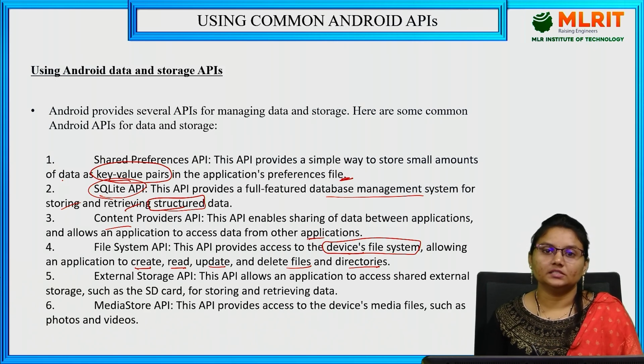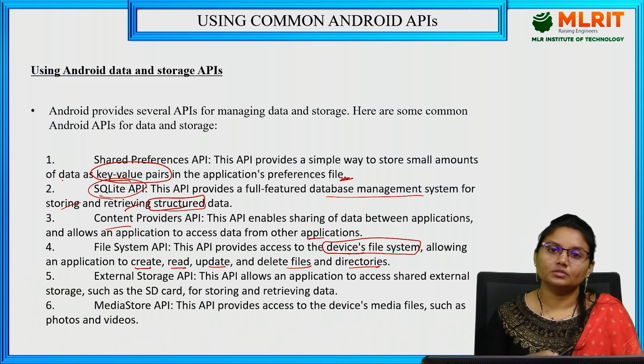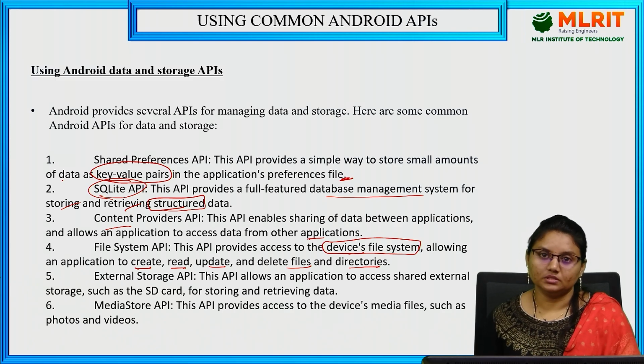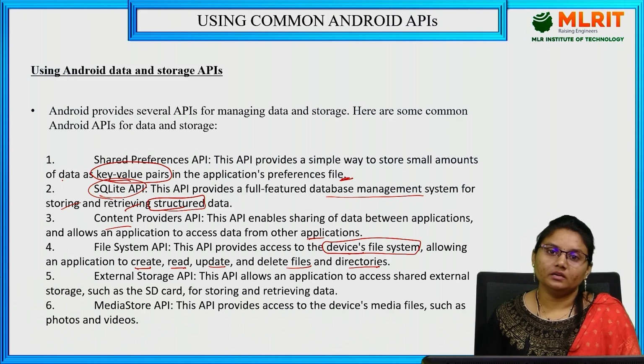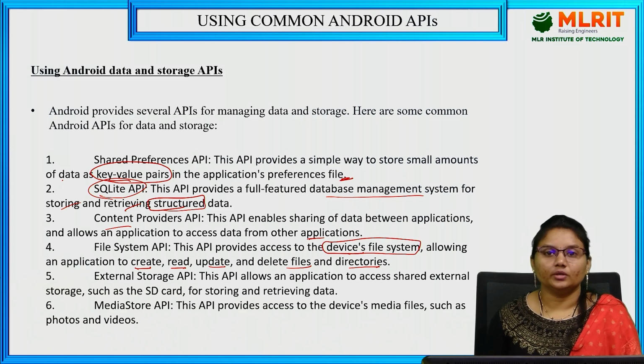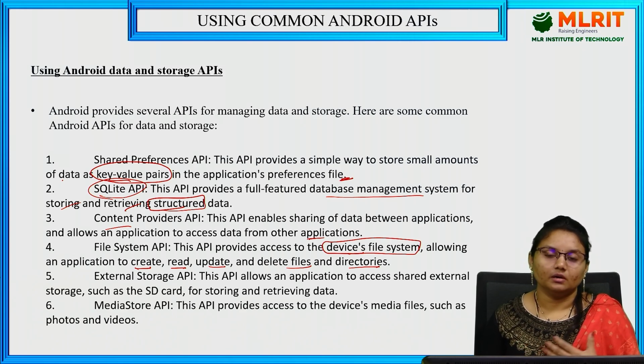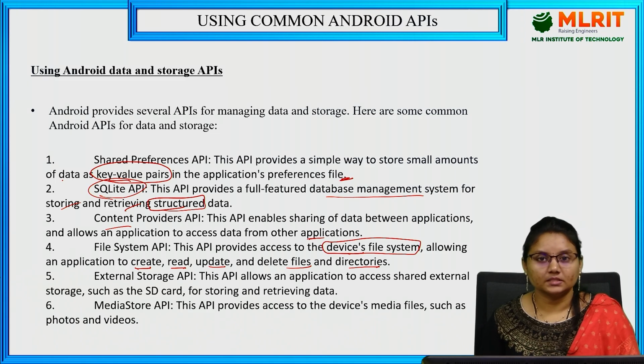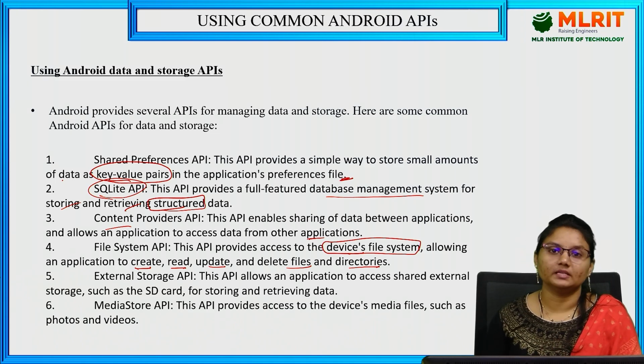In the file system, you will be generating C drive, D drive, etc. You store some files in those drives, and you may open them in read mode, or open the file again, write the file, rewrite the file, or delete the file. Such managing of files is possible by using this file system API.